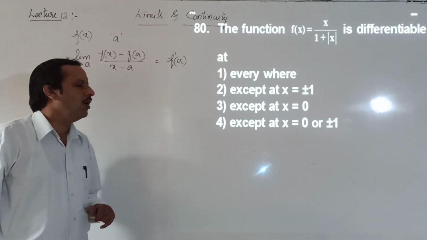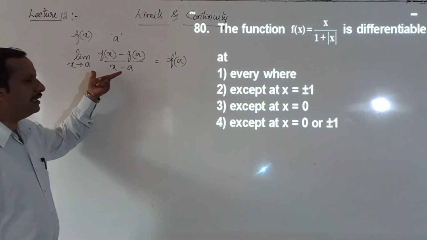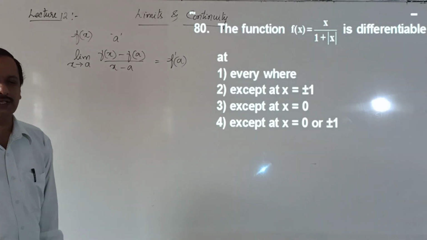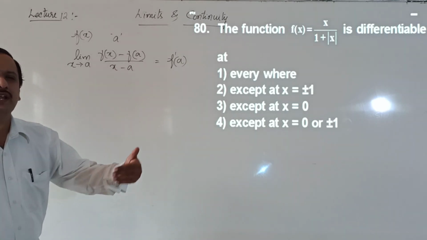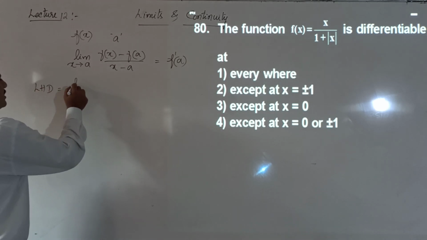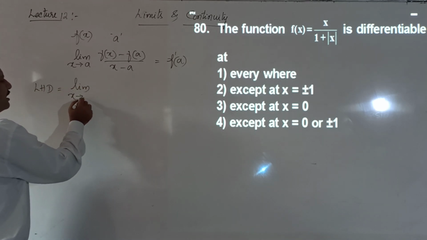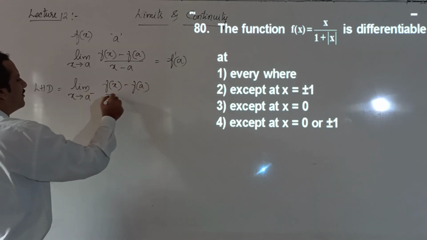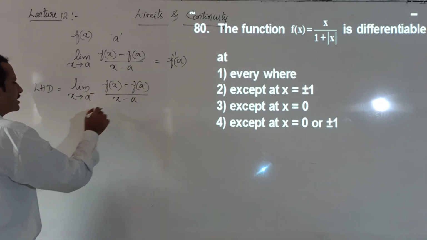f dash of a, the derivative of f at x equal to a. When I say the limit exists, it means the left hand limit should exist and the right hand limit should also exist. Here we call them the left hand derivative and right hand derivative. Left hand derivative means limit x tends to a minus of f of x minus f of a divided by x minus a. This should exist.